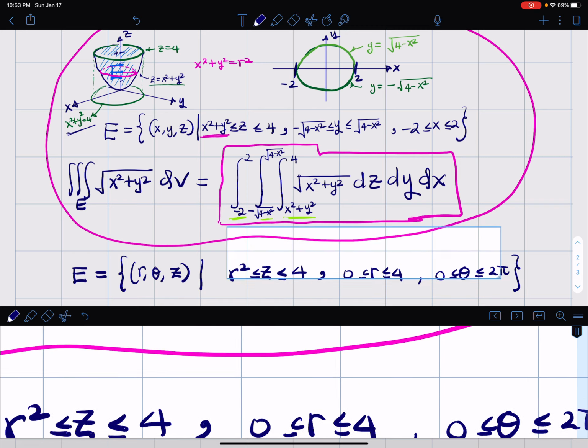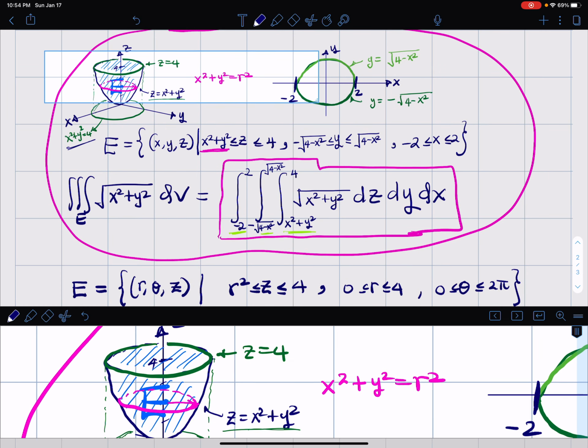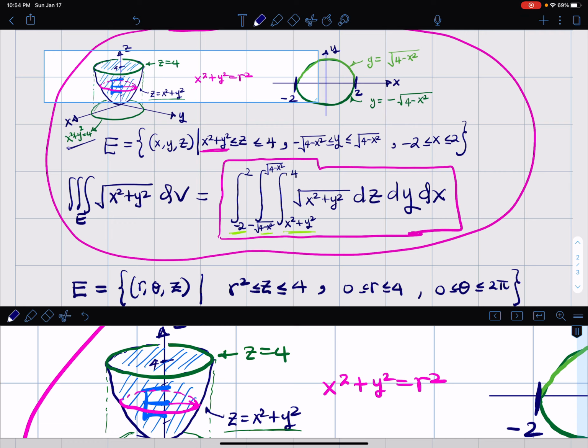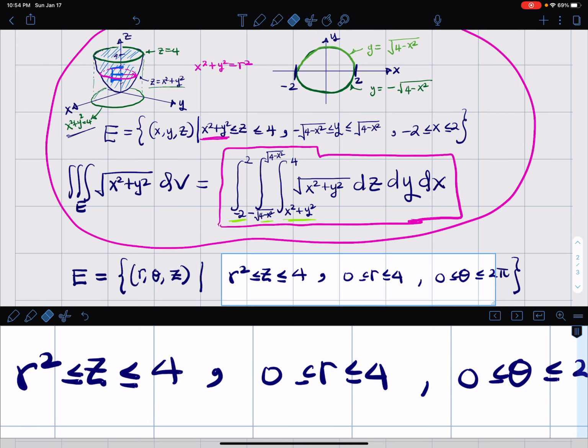Well, let's backtrack a little bit. This is where z is equal to 4, and this is where z is equal to x squared plus y squared. So z is r squared, so r has to go from 0 to 2.